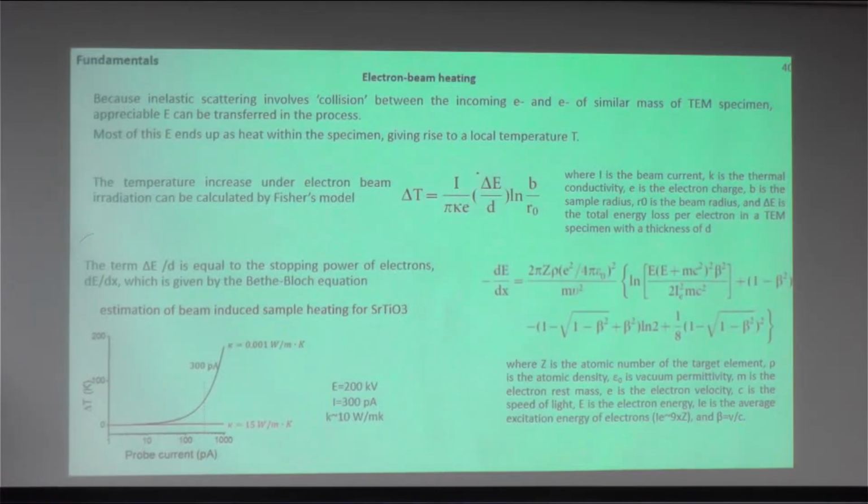This is not so high an increase of temperature for this specific material, but for other substances like GST, this value can be different because of this kappa. The electronic thermal conductivity can also be different.